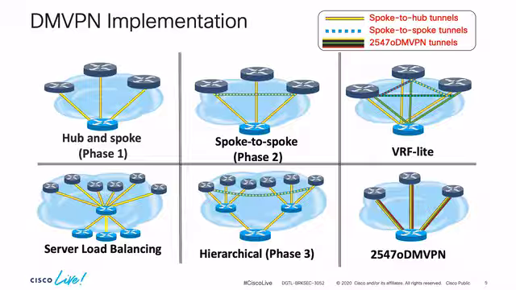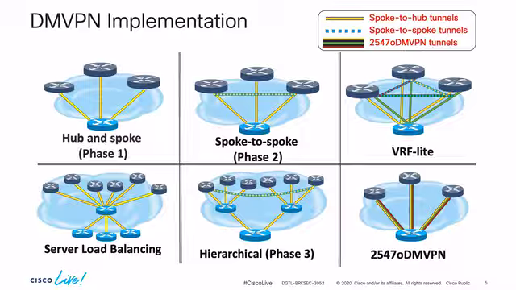Then we came up with phase 3, which optimizes the way the spoke-to-spoke communication and the tunnel buildup happens. With DMVPN, we support VRF Lite.